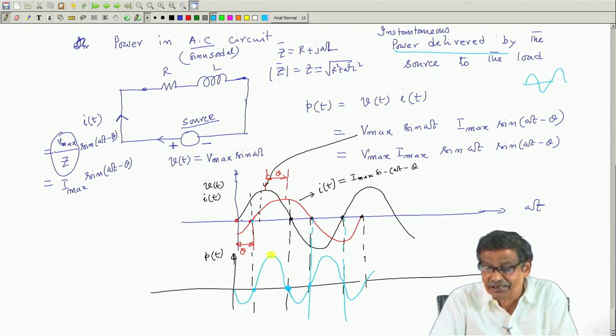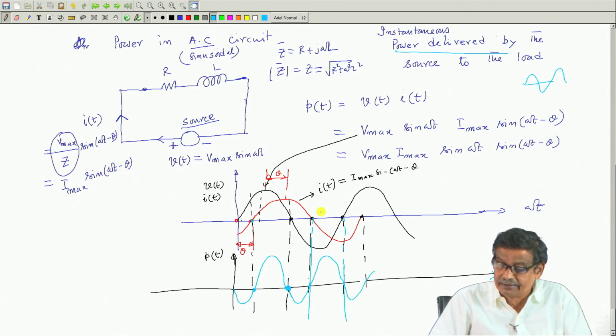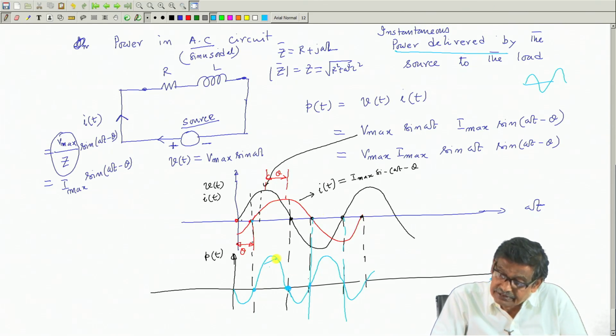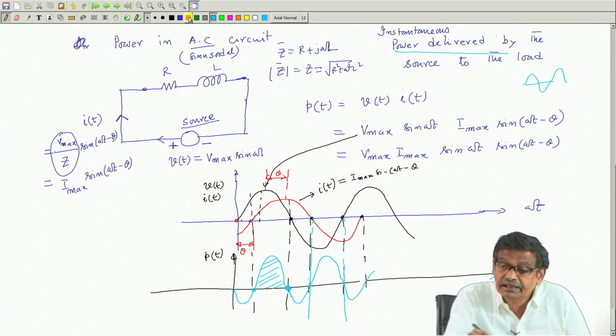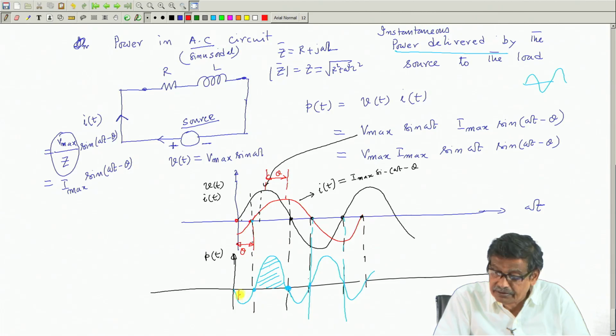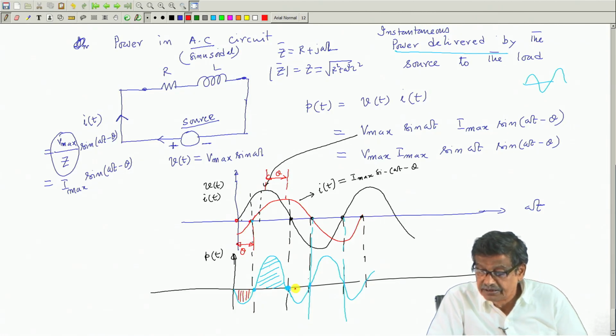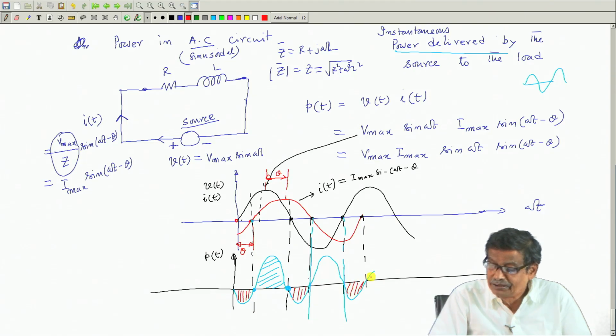The positive side will have more interval, more values like that. Therefore, during this time power is delivered and during this time power is absorbed. Got the point?